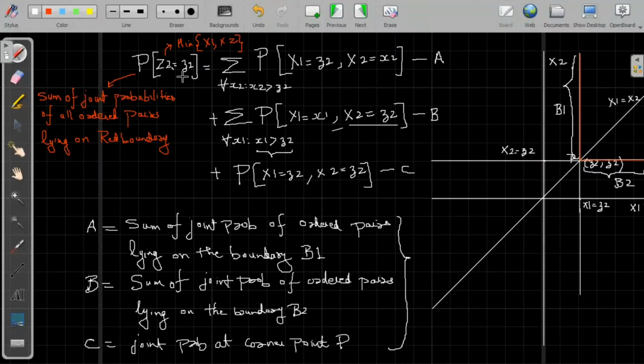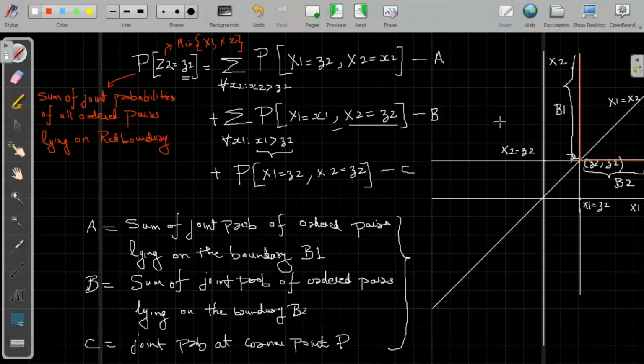We can note here that depending on the value of Z2, where Z2 can take any value, the corner point P, which is the point Z2, Z2, can vary. For example, if this value is 1, this point will be 1, 1. If this value is 2, this point will be 2, 2. So we can see that depending on the value of Z2, we can have different boundaries in this x1 and x2 plane.